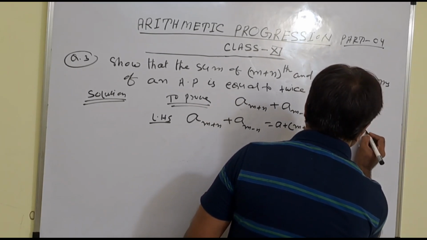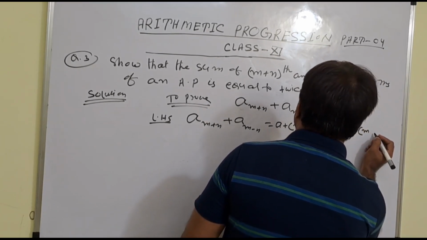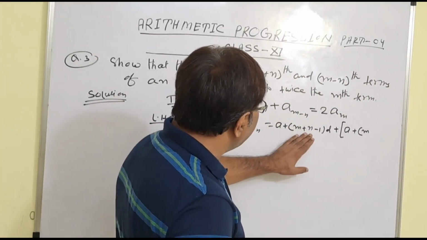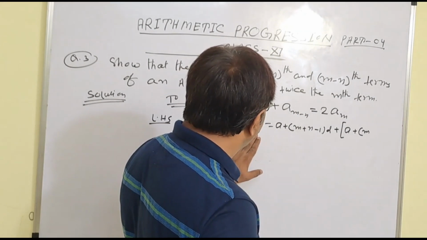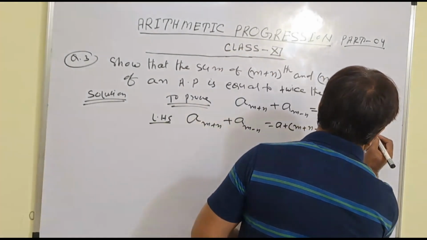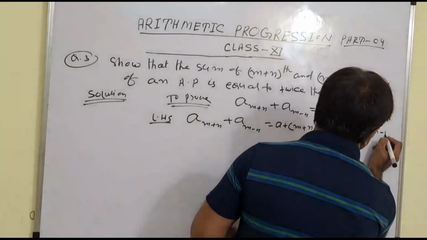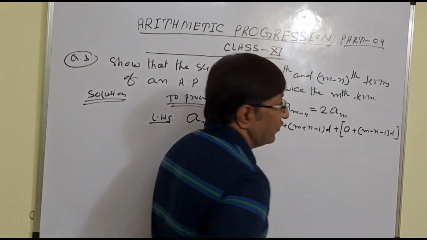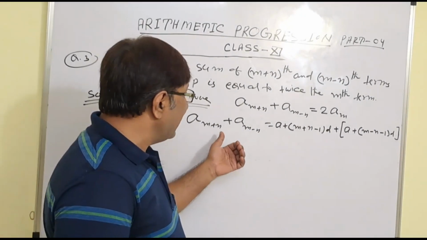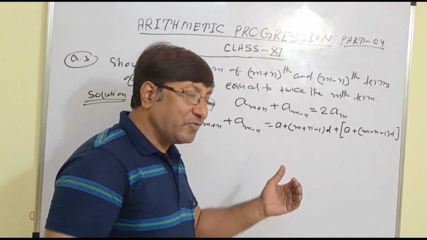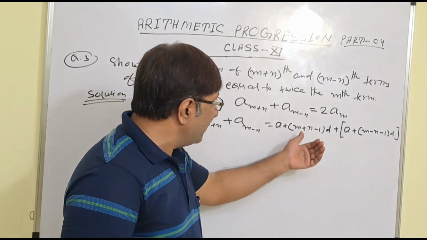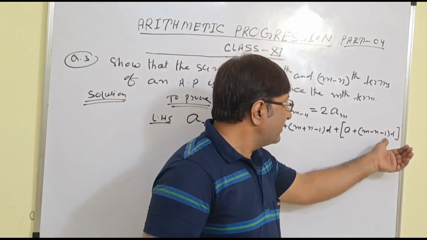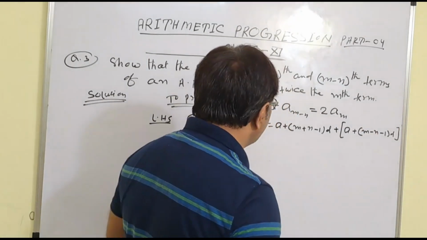So m minus n minus 1 into D. Right? So the simple formula is A plus n minus 1. Here n is m plus n, so m plus n minus 1. Here n is m minus n, so m minus n minus 1. Right?